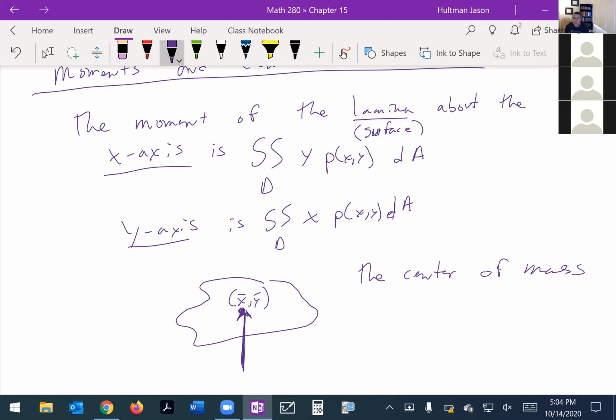If you try to balance this thing at the center of mass and spin it, it would be perfectly balanced. Gravity's pulling down on this equally, and it's balanced.